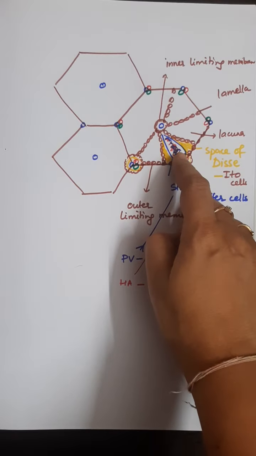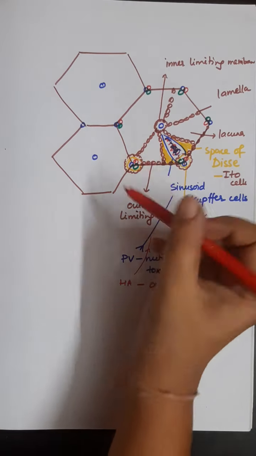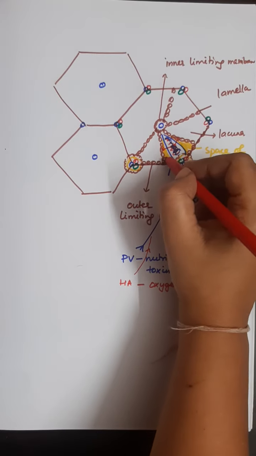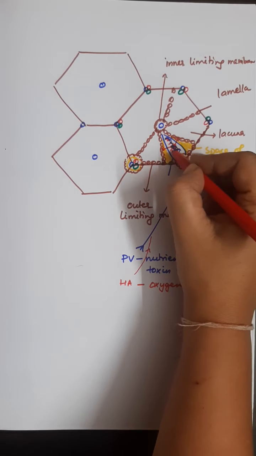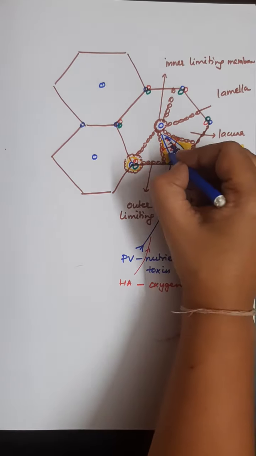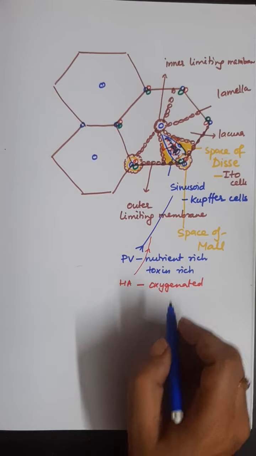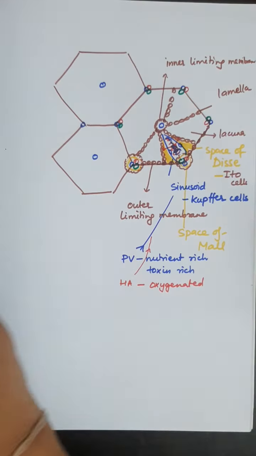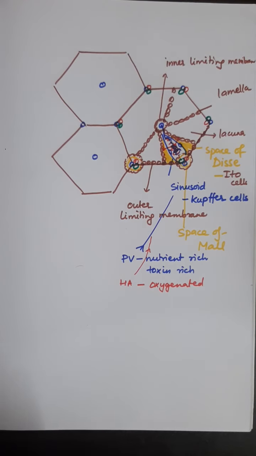Now the nutrients and the oxygen will be taken up by the hepatocytes, and the carbon dioxide and the toxins will be released into the sinusoids. Toxins are actually cleared up by the Kupffer cells, which are present in the lining endothelium of the sinusoids. So once the blood is cleared of the toxins, it reaches the central vein. From the central vein, it will reach the hepatic veins and the inferior vena cava.